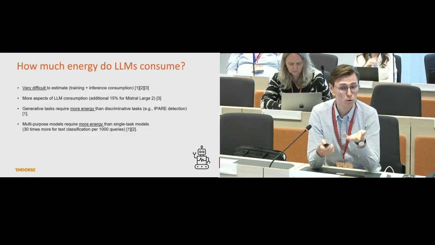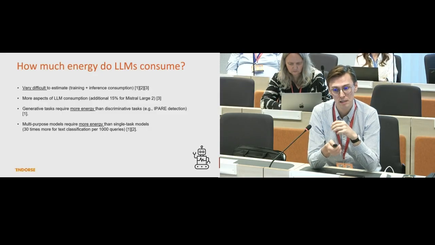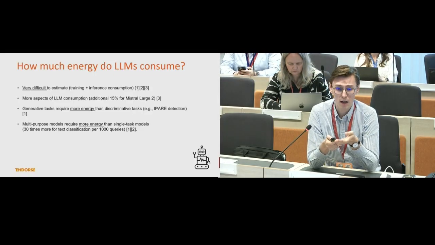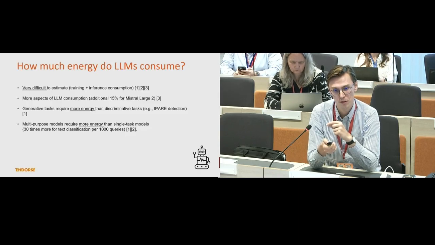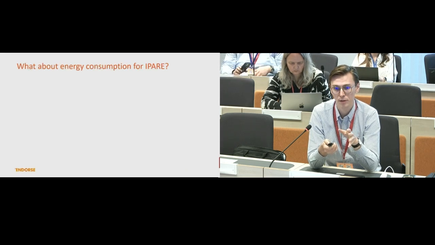Then it is also true that generative tasks require more energy than discriminative tasks. If you don't know what a discriminative task is, it is, for example, IPARE detection. And then the research team also reported that multi-purpose models require more energy than single task models. So it was about 30 times for text classification per 1,000 queries.